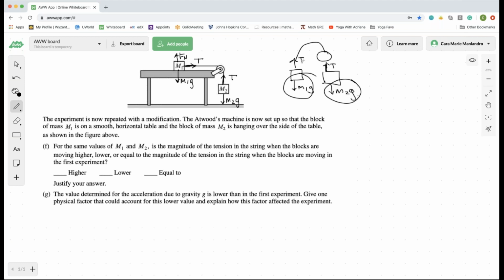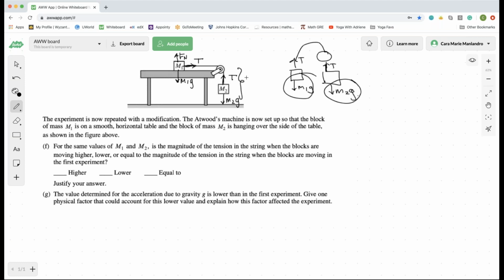Do I have more tension in the rope if I have two people on each side pulling on it, or maybe I can tie the rope to the top of the tree and only one person pulls on it? Which one do you think is going to have more tension? The two people, right? Because there's more weight. And so same situation here. I have two weights pulling on the rope versus just the one weight.